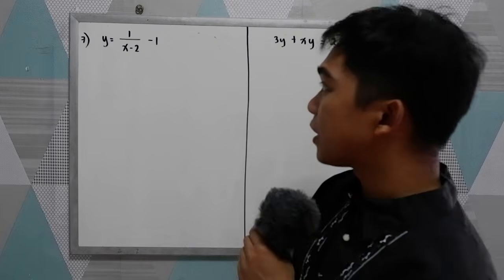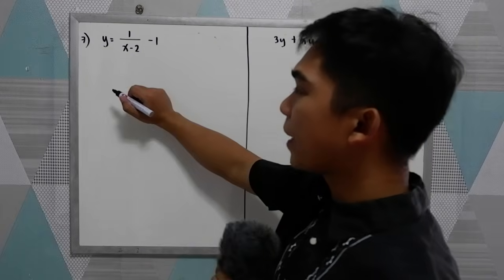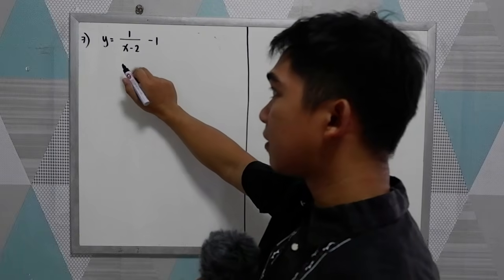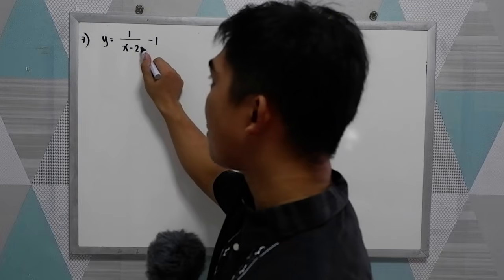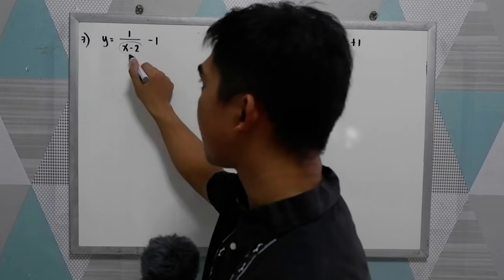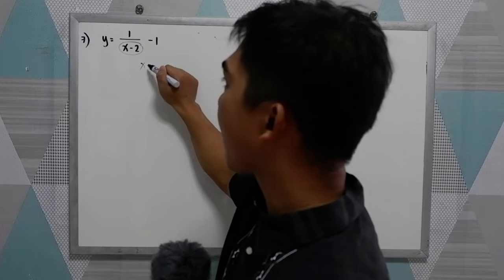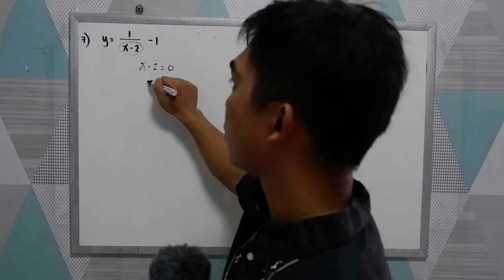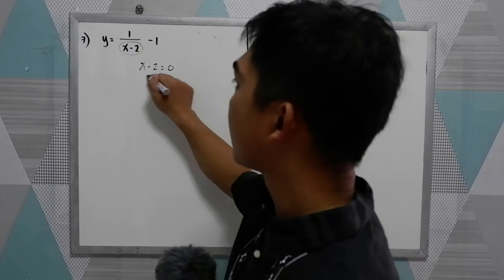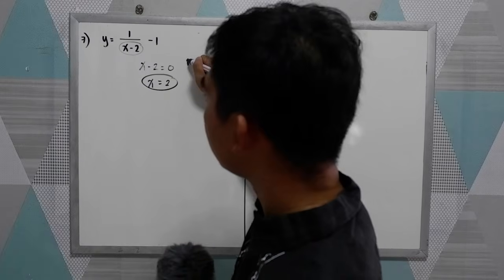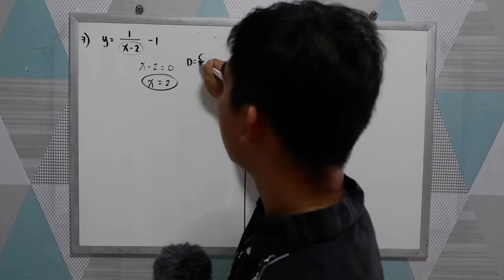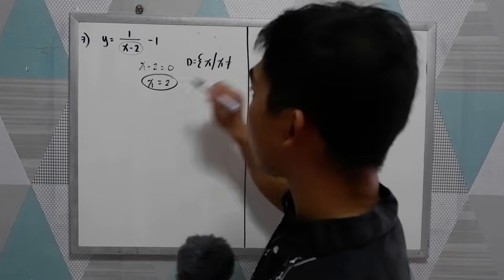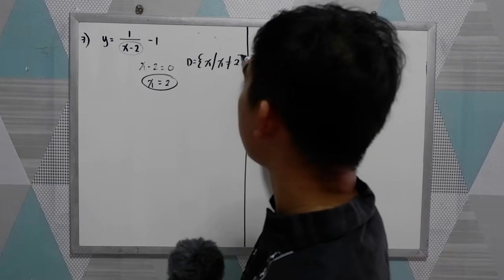To find the domain and range, we can easily find the domain here: get our denominator, then equate it to 0. So in this case, we have x minus 2 is equal to 0. So x is equal to 2. That means for our domain, x such that x must not be equal to positive 2.